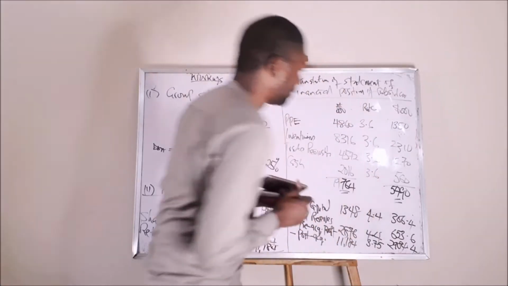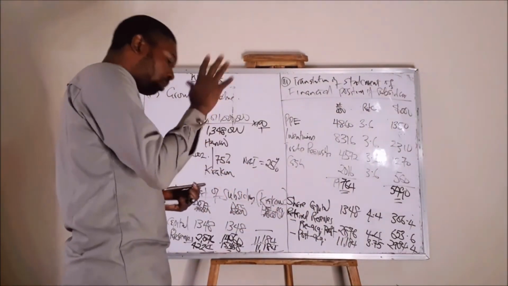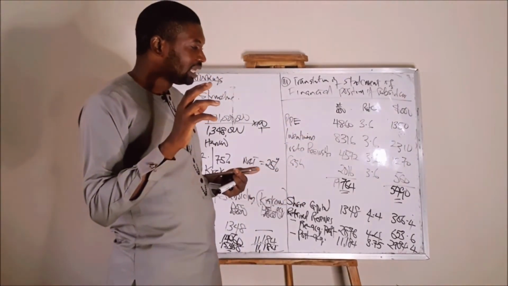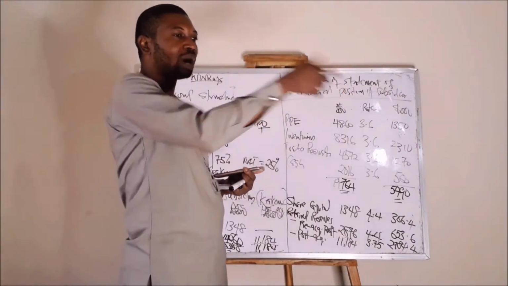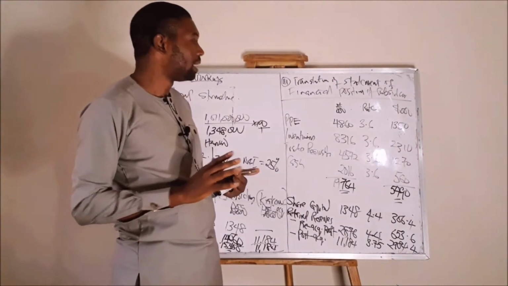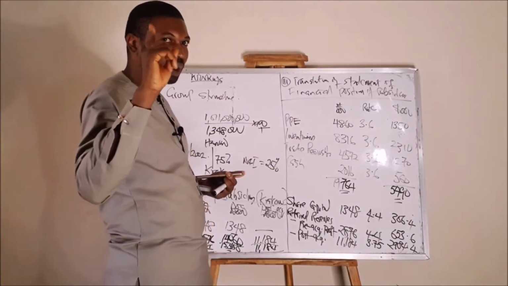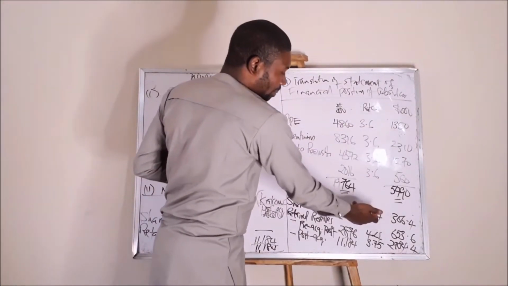2984.4. Now, let me just explain something before we move further. When you are translating from one currency to another, if you look at this statement of financial position very well, we are not using just one rate, we are using different rates. We use 3.6, 3.6, here we are using 4.4.